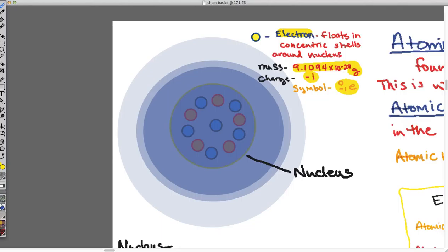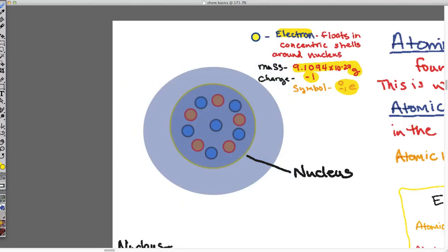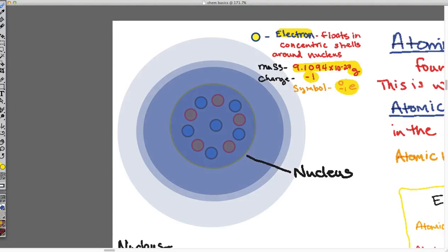And in between each of these shells is what's called a node, or a nodal plane, in which there's 0 probability of finding an electron. So it's like one sphere, and then there's no way you'll find an electron for a small region of space, and the next sphere. And then you can find electrons anywhere three-dimensionally in the sphere. Pretend that's a sphere. And then another node, and then another sphere, and it goes on and on like that.